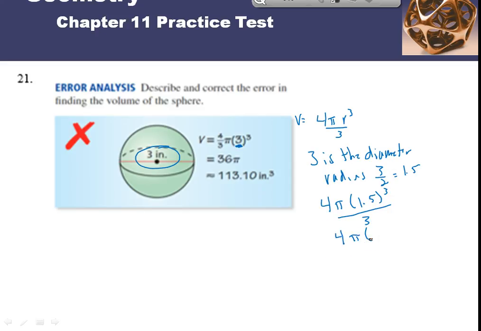And 1.5 cubed is 3.375. So 4 times 3.375 divided by 3 is 4.5 pi.